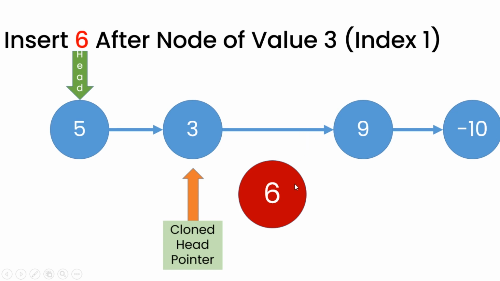We have our element of value 6. We're gonna point the next pointer of the node of value 6, which we want to insert, to the value of 9. And how can we access this 9? We can access it using our cloned pointer, which represents node value 3, which has a next pointer to the value of 9.